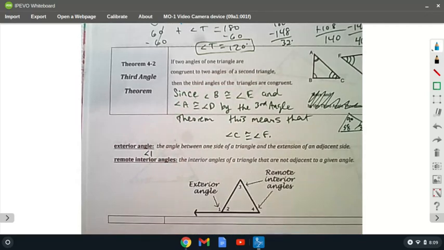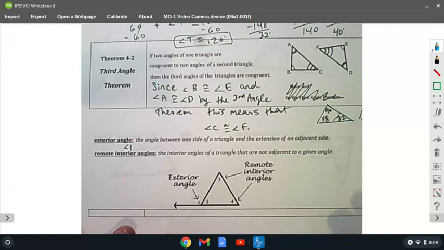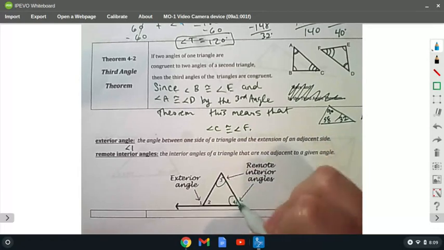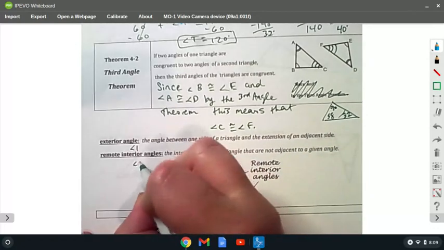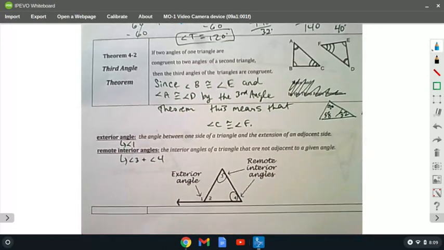And then we also have remote interior angles, which are the interior angles of a triangle that are not adjacent to a given angle. So angles 3 and 4 would be examples of remote interior angles. The only angle we don't really talk about here is angle 2.